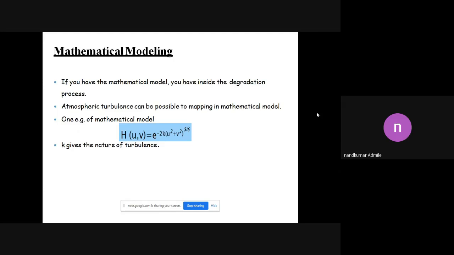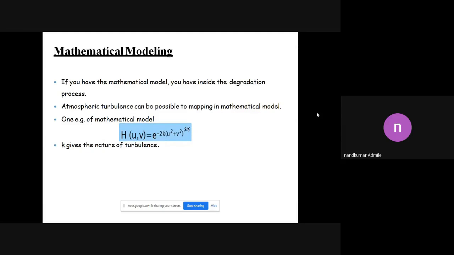In mathematical modeling we can use various mathematical things and various coordinates. By using some mathematical functions we can also define the degradation function.